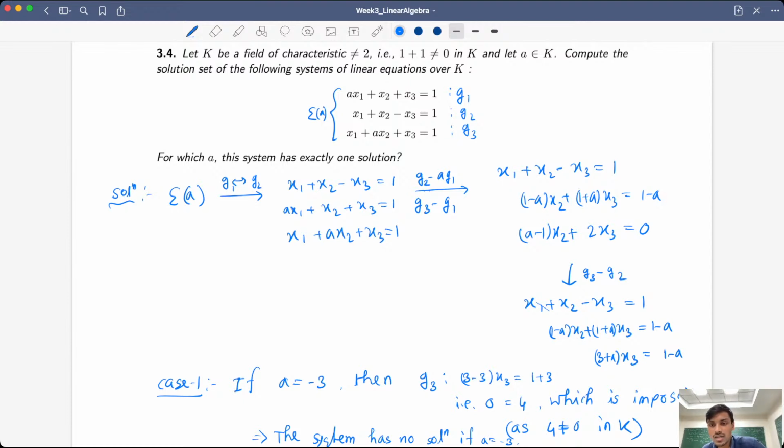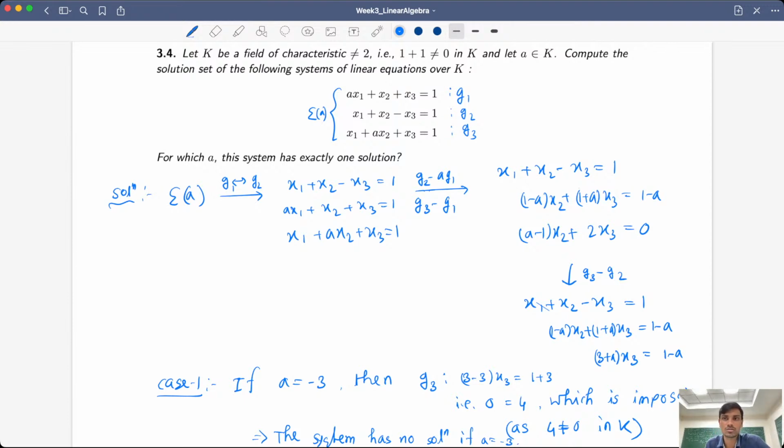So 2 times x3 equal to 0 should imply x3 equal to 0, and here the coefficient of x2 gets 0. In any case these two are compatible and you get that x3 equal to 0, with the condition that x1 plus x2 minus x3 equal to 1.